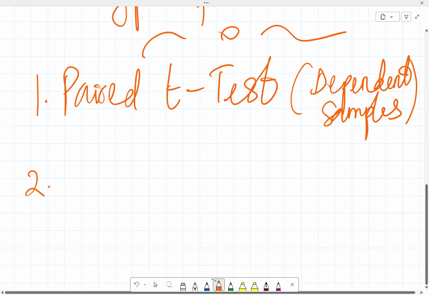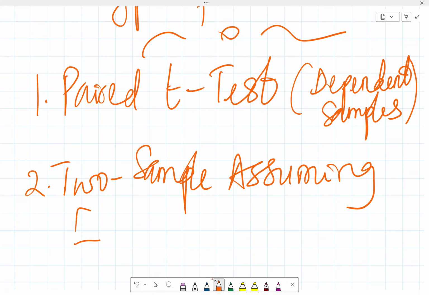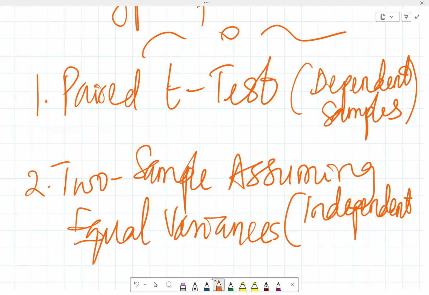Number two, you have the two sample t-test assuming equal variances. In that case, you have independent samples. So it's more like you have scores from two independent groups.